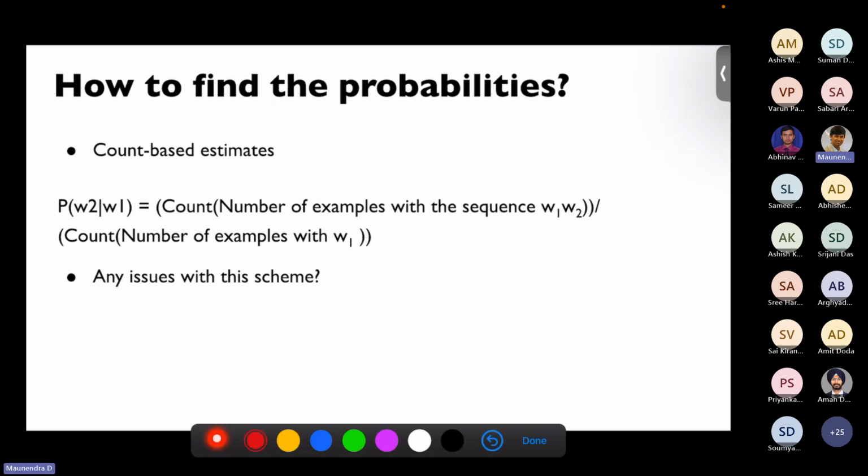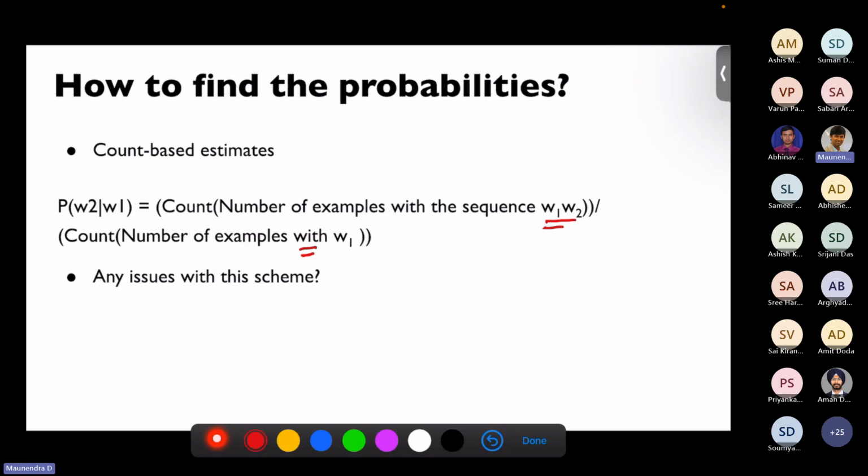One simple technique could be to use count-based estimates. For example, the probability of W2 given W1 is the number of examples with the sequence W1, W2 divided by the number of examples with W1.